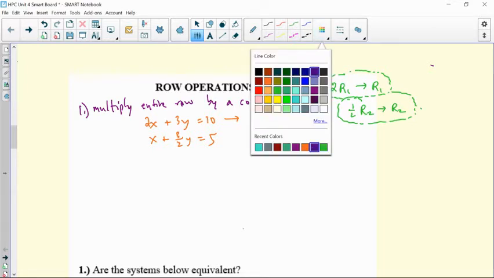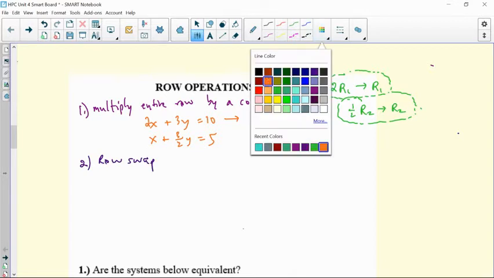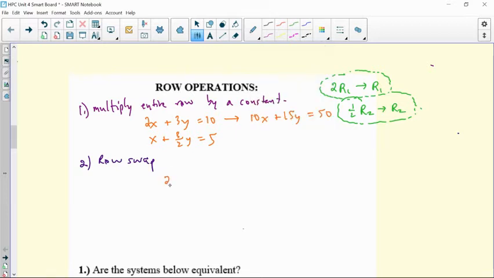Your next row operation is that you can switch rows. You can do a row swap. Think about what that would represent if you had an equation like 2x plus y equals 10, and 3x minus 8y equals 1, and you just rewrote them, putting this one first and then this one.